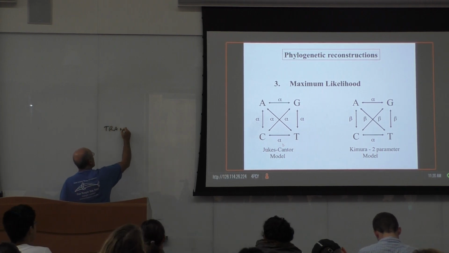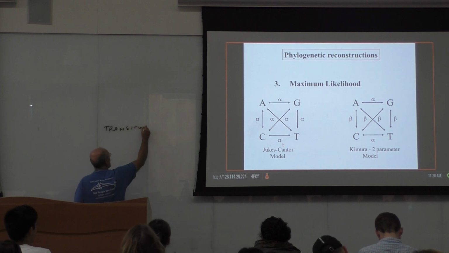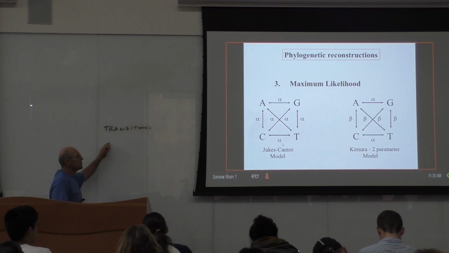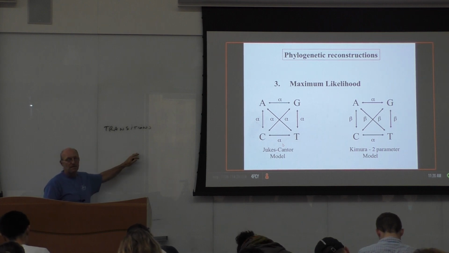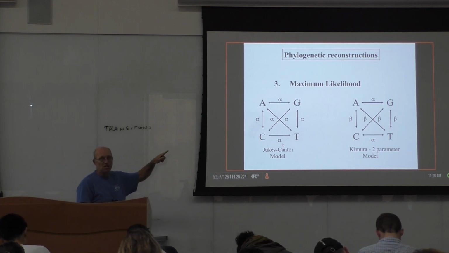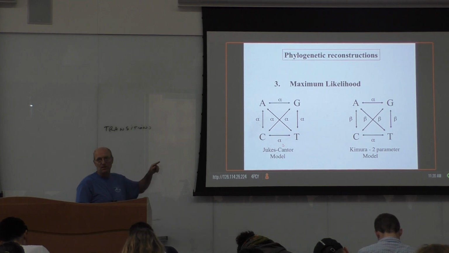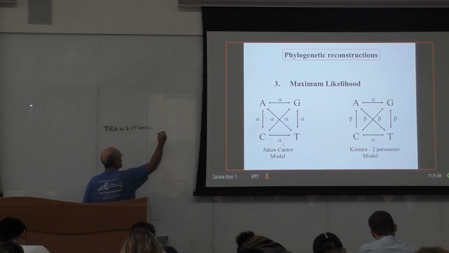Transitions turn purines into purines and pyrimidines into pyrimidines. This is A turns into G, G into A, or C into T, or T into C. So the probability is alpha.